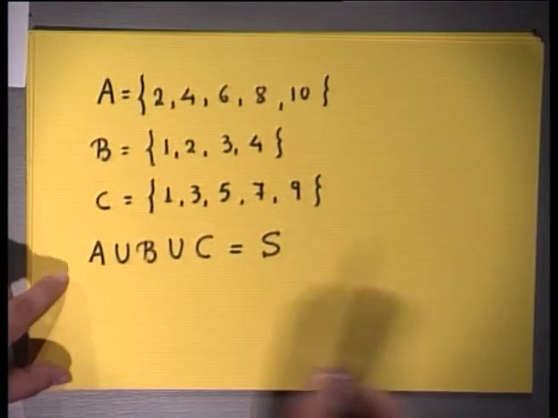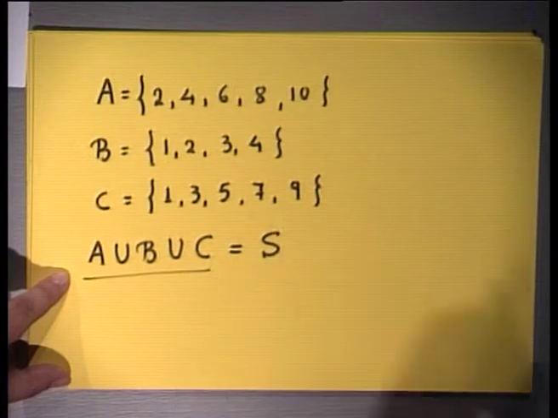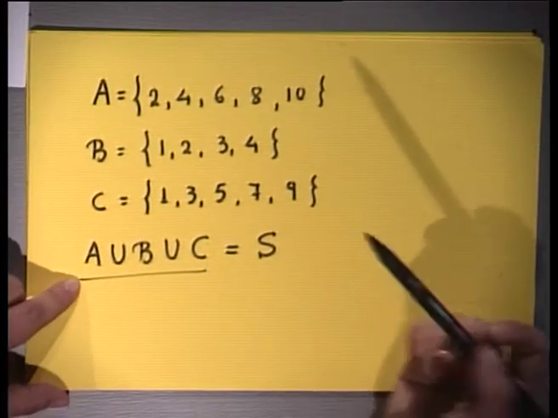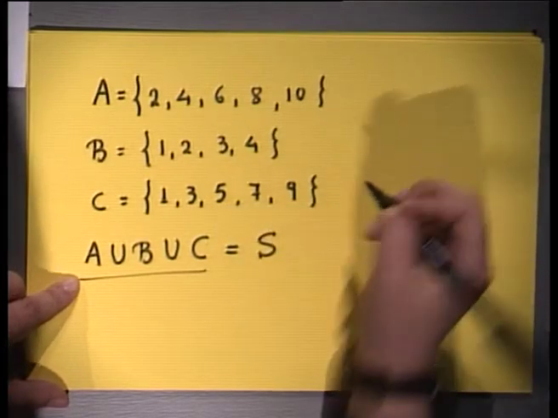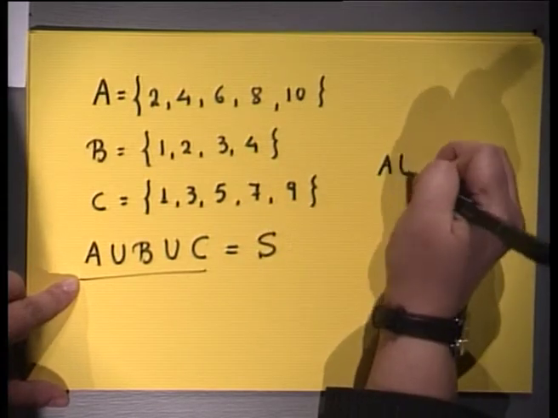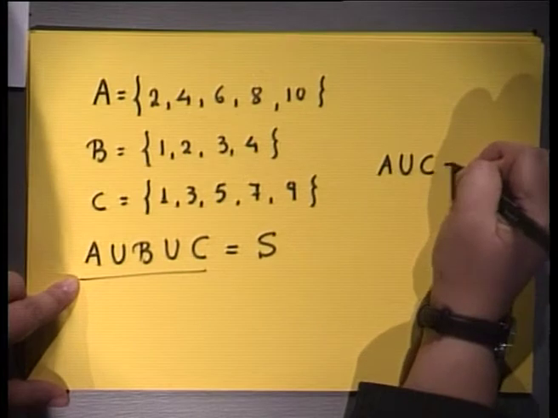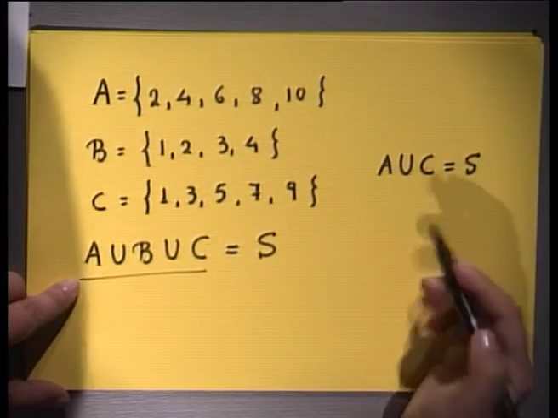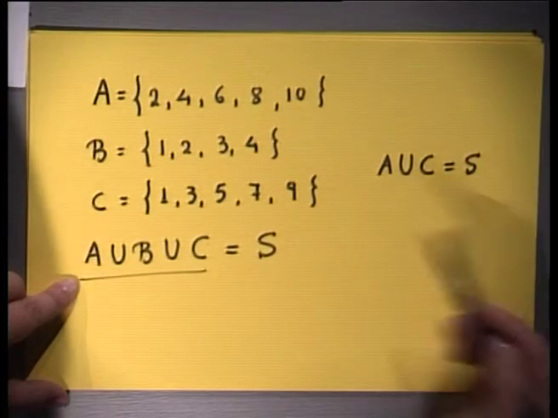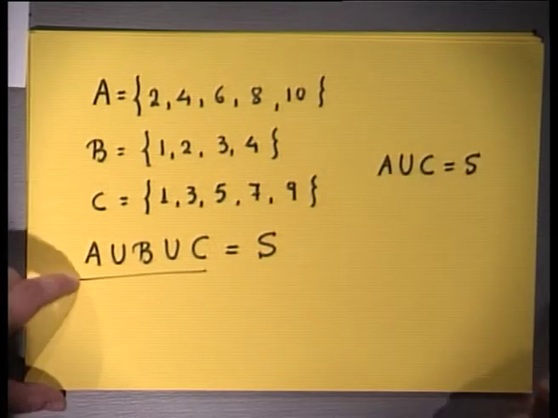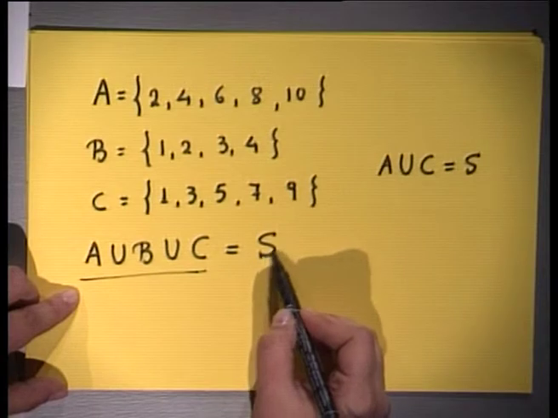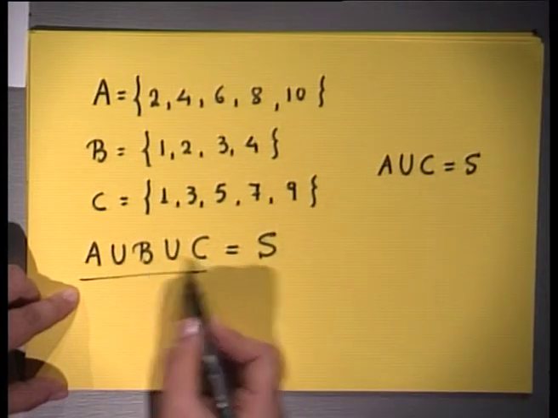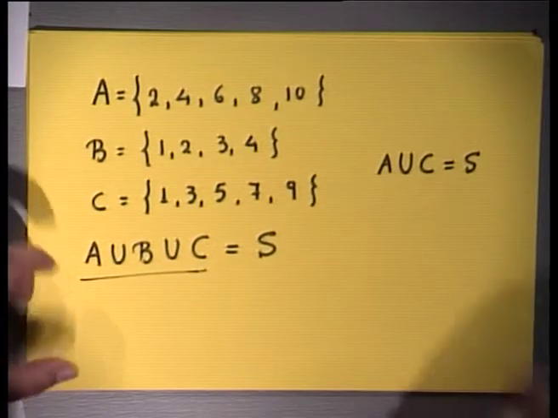And these are called collectively exhaustive events. We note here that even A union C would make our sample space, and so A and C are collectively exhaustive, but that's no problem. This as well makes S, so these are collectively exhaustive as well.